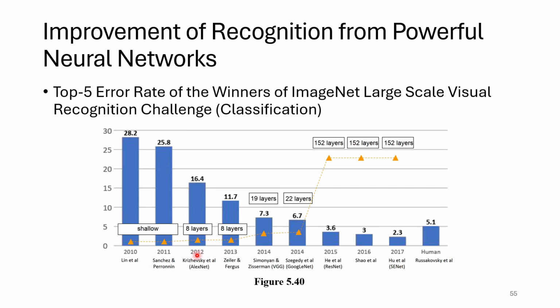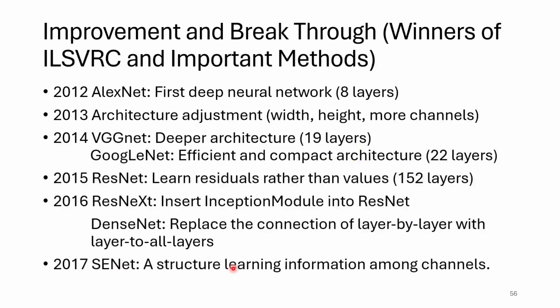In 2012, AlexNet was released, and it significantly reduced the error rate to 16%. Okay, so let's see the difference. So 2012 AlexNet: the first deep neural network for image classification. As we said, the architecture of AlexNet is very similar to the net released in 1998.